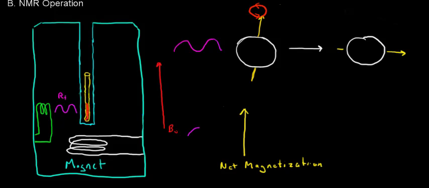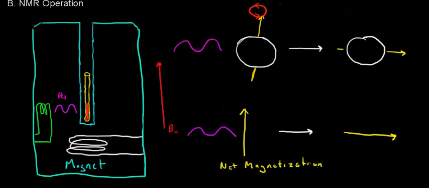We have irradiated this and caused the net magnetization now to be perpendicular to the applied magnetic field. So it's now in this direction. If this is the applied magnetic field, it's perpendicular to it.